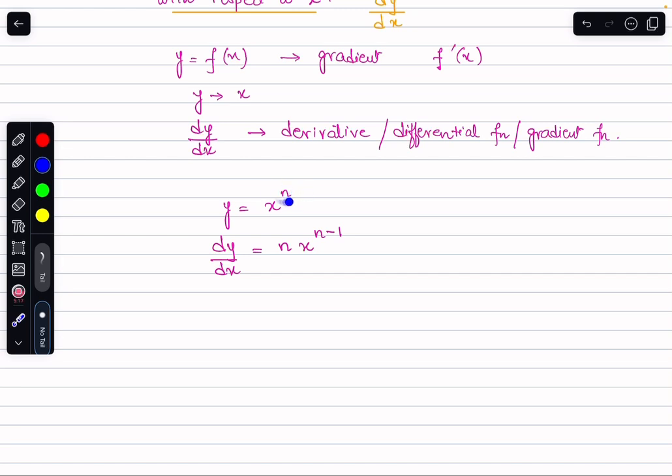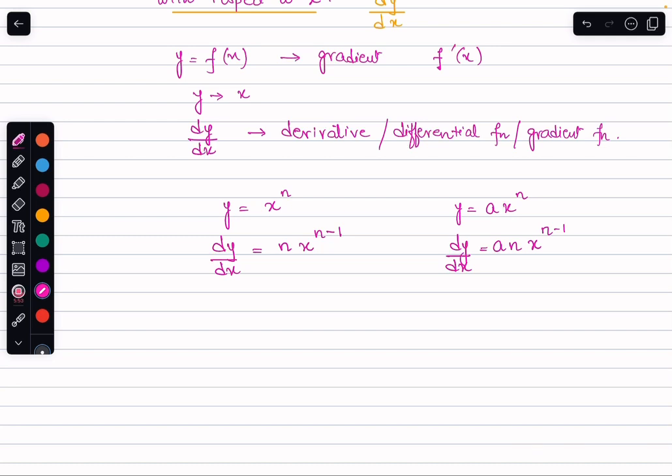For another example, if y is equal to a x to the power n, then dy by dx is going to be a times n, the power gets multiplied by the coefficient of x, and the power of x gets reduced by 1. This is how we do differentiation.